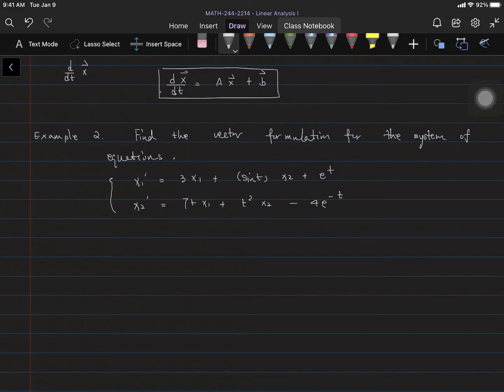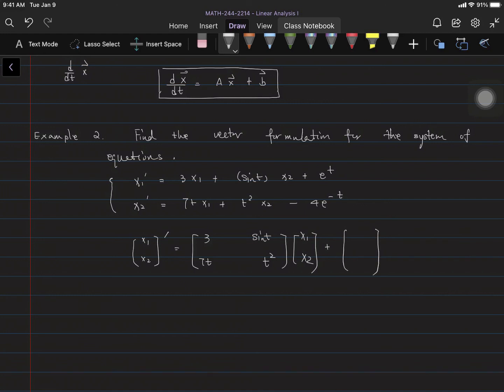So, firstly, what does the vector form mean? The left side is x1, x2, the derivative, right? And it equals, we need to write this in matrix form. So for x1, x2, what's the coefficient? 3, sin t, and here 7t, t squared for the second row, right? And then add a constant. Why is it called constant?